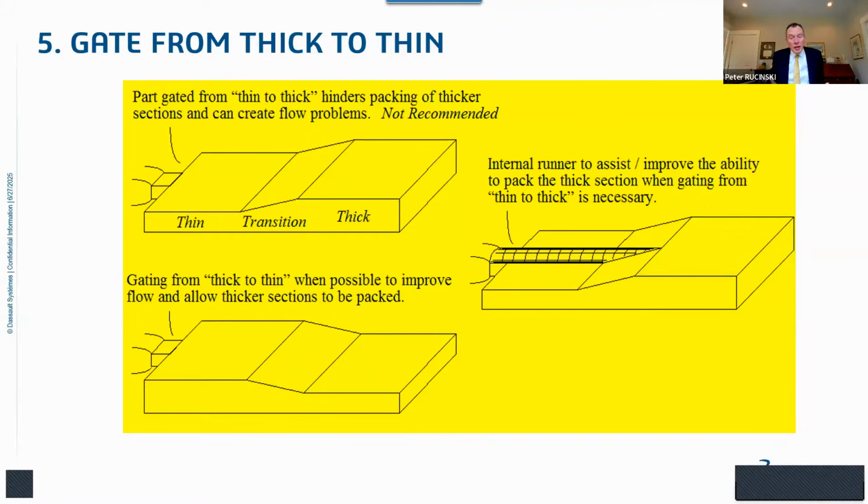On the right-hand side of the graphic, it's what I would call a Band-Aid solution or a cheat solution. Sometimes it's the only option that you have, though. We add what's called a blind runner to your part geometry. So we're actually adding material to the mold cavities to improve flow through the thin section, so you allow material to get through there and fill and pack the thick section before it can cool and freeze off.